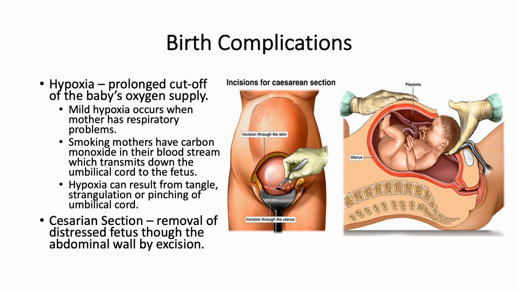And cesareans were actually done all the way back to Roman times. In fact, that's how it got the term cesarean. There was actually a rumor that Caesar had been born by excision. At that time, though, they didn't do cesareans on live moms. The mom, if she died during childbirth, especially if it was a baby that was real important, they would actually do an excision and save the baby after the mom died in childbirth.